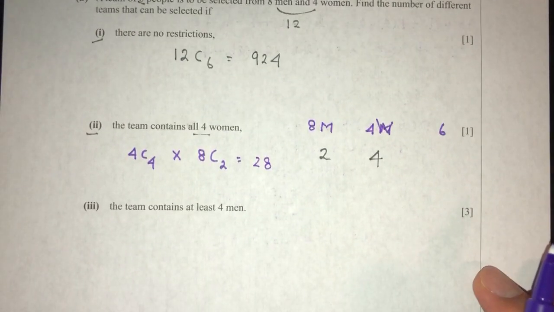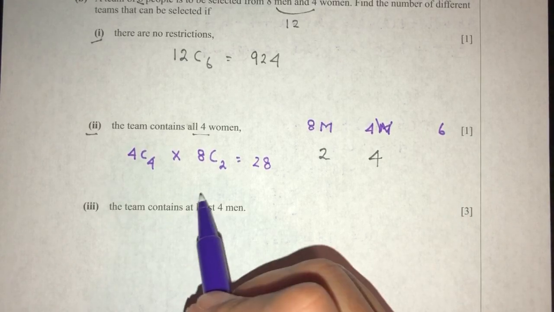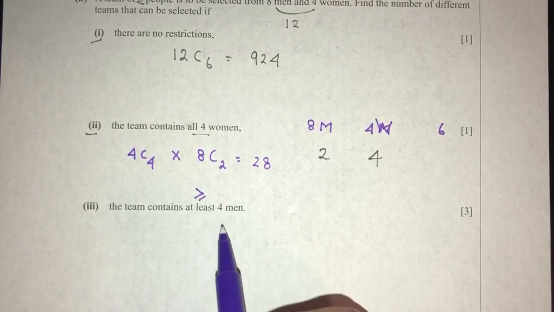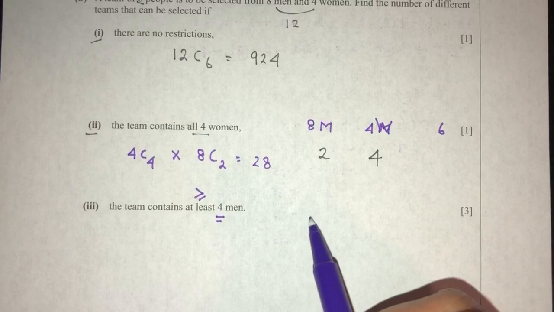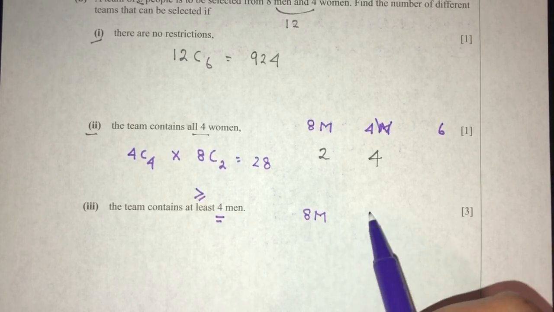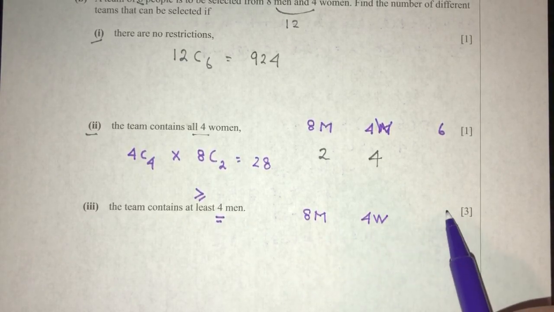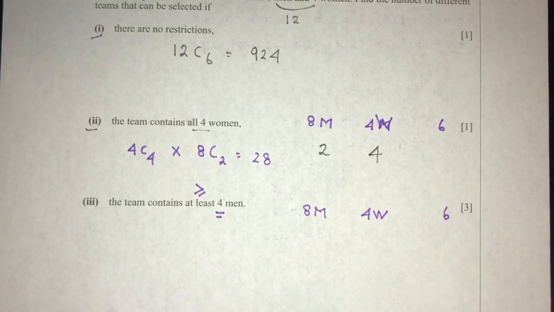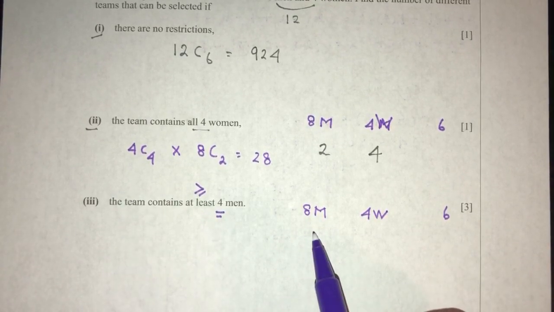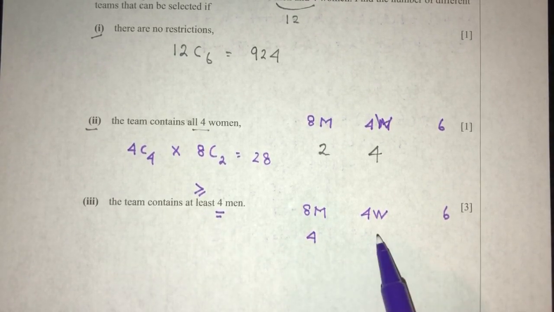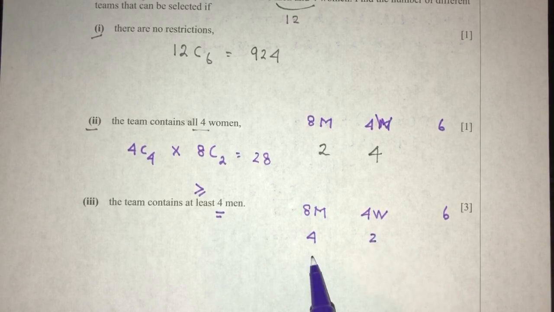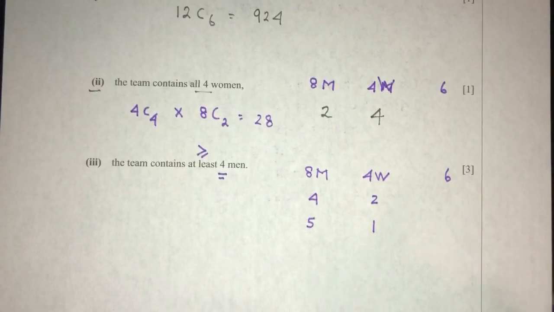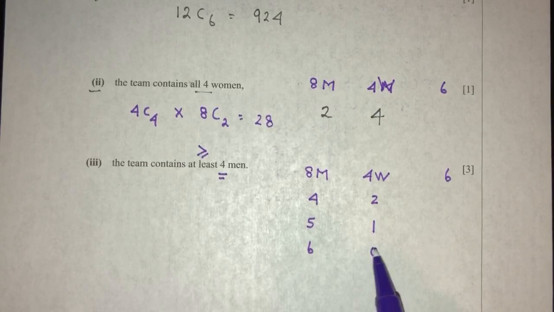Now for part 3, the team contains at least, meaning more than or equal to, 4 men. So again, we have 8 men and 4 women. We want to choose 6 people. So at least 4 men will be 4 men, so we have to choose 2 women. It can be 5 men, so I have to choose 1 woman. Or it can be 6 men, or we have to choose 0 women.